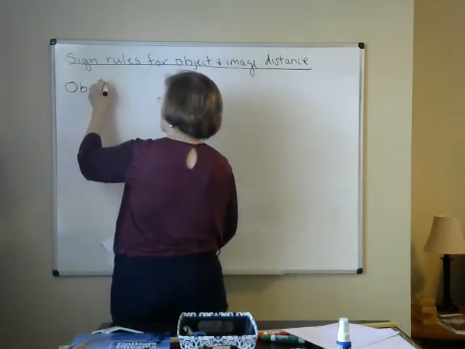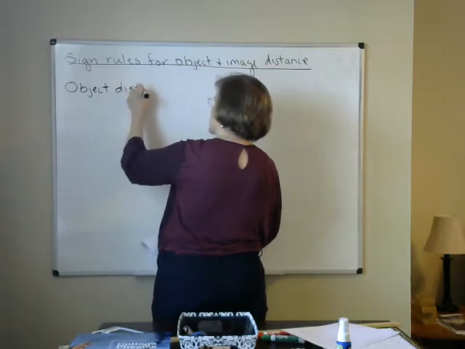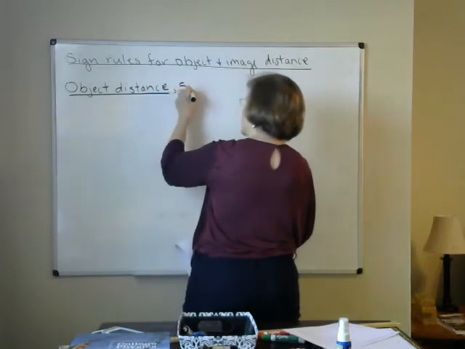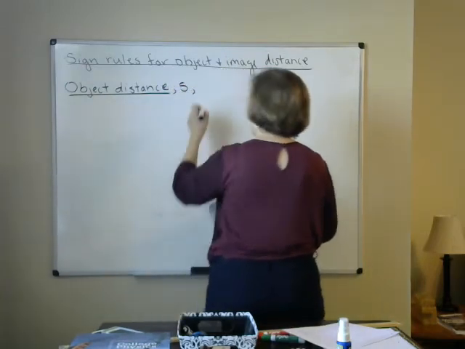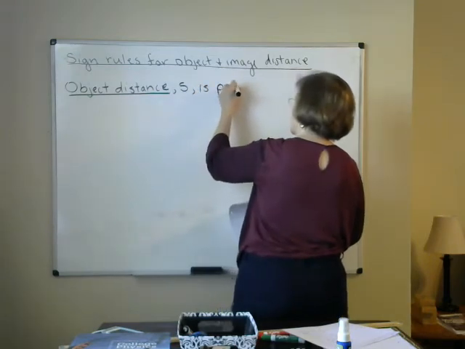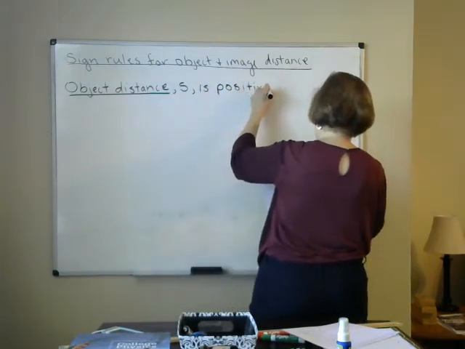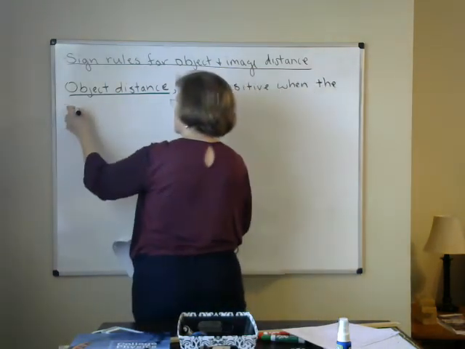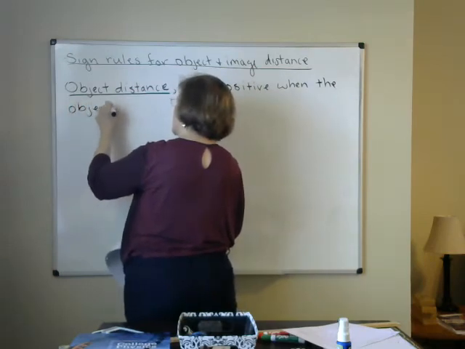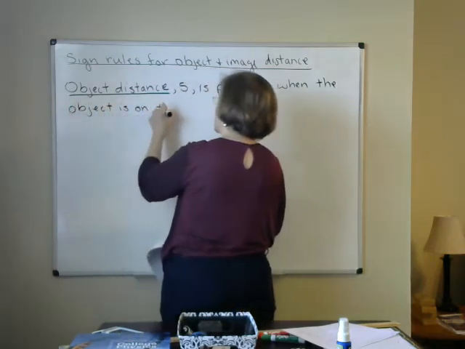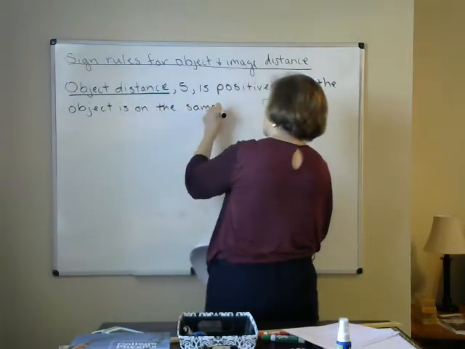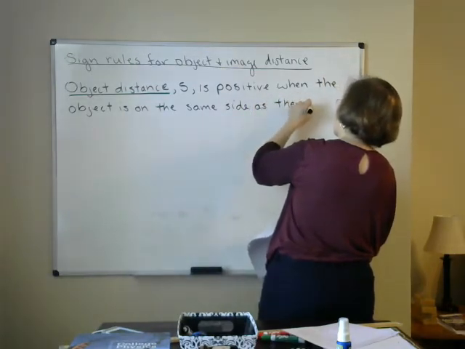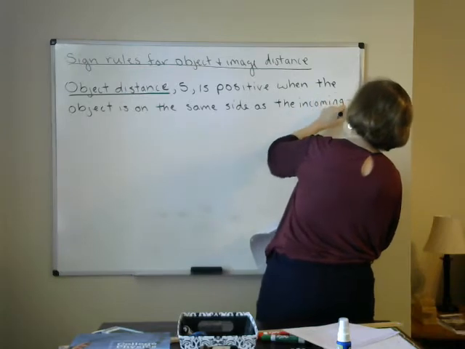Object distance, and the symbol we use for an object distance is that S, is positive when the object is on the same side as the incoming light.